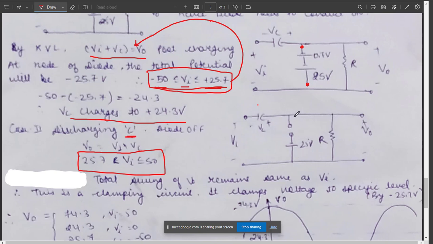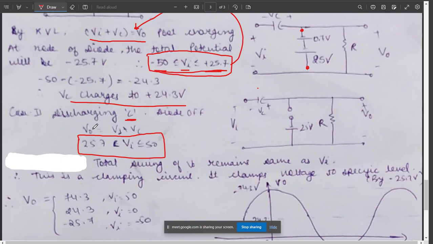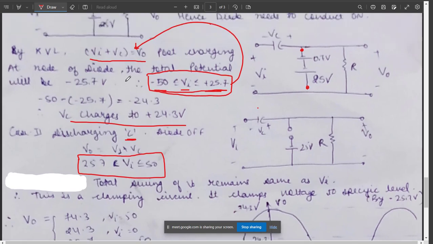When there is no conduction here and our diode is switched off, it is connected to the resistor directly and our Vc is getting discharged. So how much is our output? Vo is equal to Vi plus Vc.